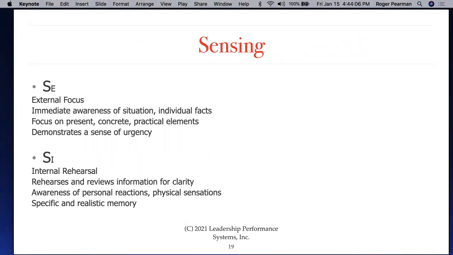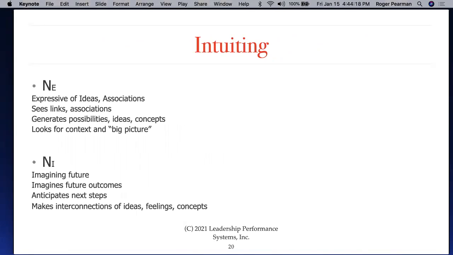When we get into definitions of the 8 functions, we see that sensing that's extroverted is more about external focus. Sensing that's introverted is about internal rehearsal. We see that intuiting that's extroverted is around the expression of ideas and possibilities, where intuiting that's introverted is really around how we imagine things and anticipate what's coming our way.